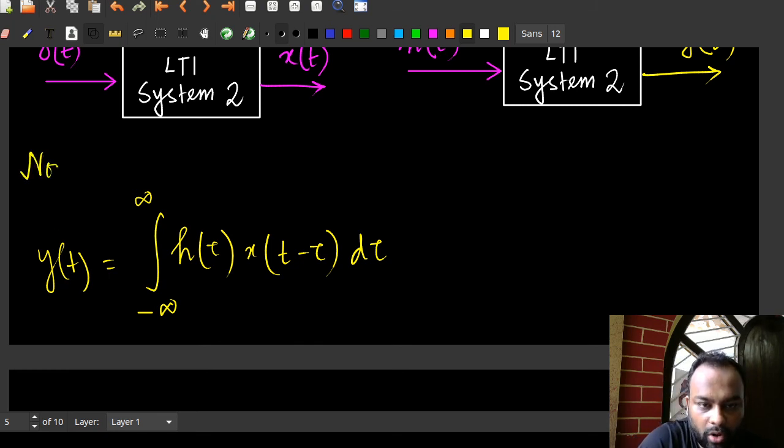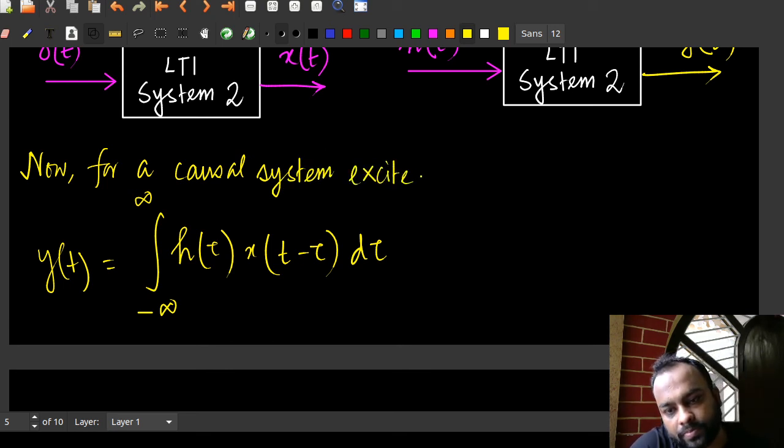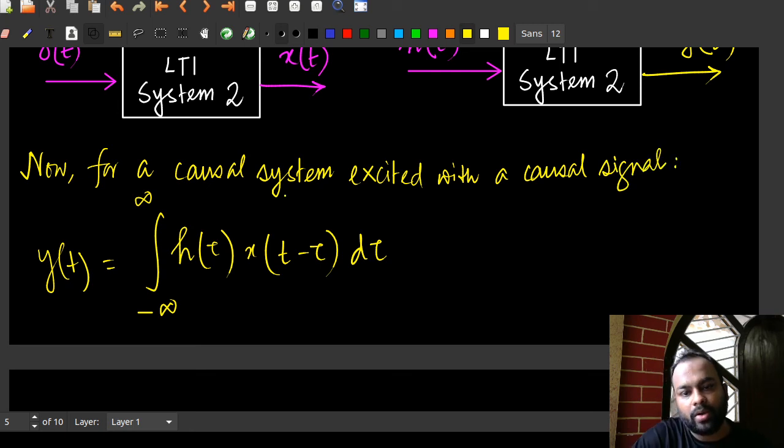Now for a causal system excited with a causal signal, so the impulse response is causal. So this signal has a 0 value before t equal to 0, right?